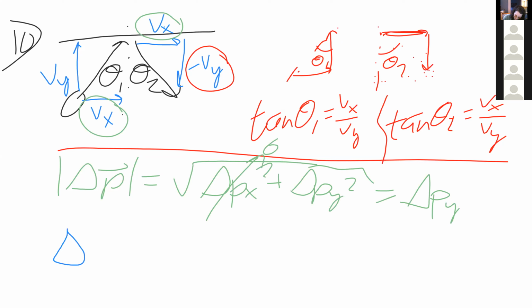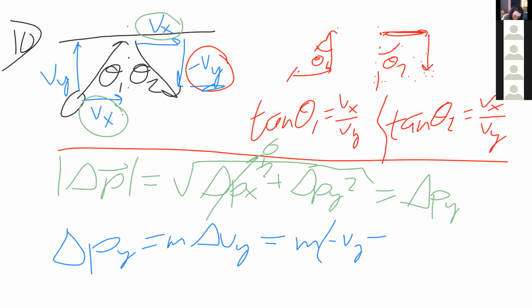The change in p sub y will be m times delta v sub y, which equals m times v sub y final, negative v sub y, minus v sub y initial, which was positive v sub y. So this is just negative 2m times v sub y.